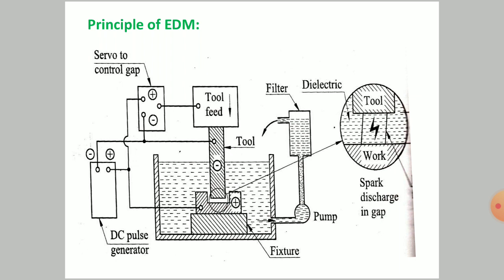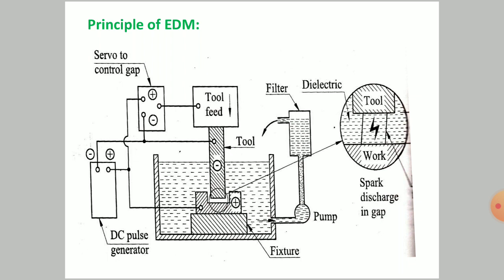There is a servo control gap, which is connected to the tool feed along with a downward arrow that indicates the motion of the tool, and just below the tool feed a tool is seen. Then on the right hand side there is one filter.